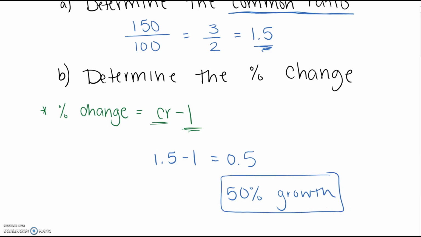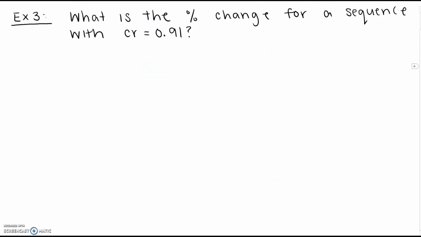And we're all done. All right, so one more example I could give you is just asking what is the percent change for a sequence with a common ratio of 0.91. So very similar to what we just did. Remember, you should already have it written down. We'll do percent change equals the common ratio, or you could just write r minus 1.